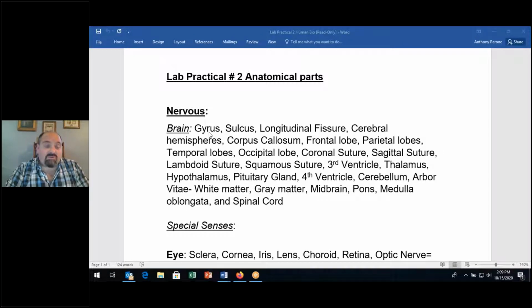The longitudinal fissure is a very deep indentation, right? The sulcus would be a mild indentation. The longitudinal fissure would be the deep indentation separating the two cerebral hemispheres. We'll look at that, and the cerebral hemispheres, in just a moment.